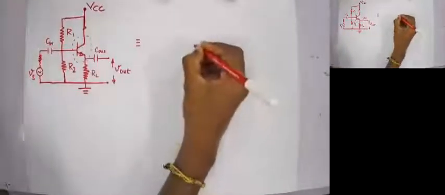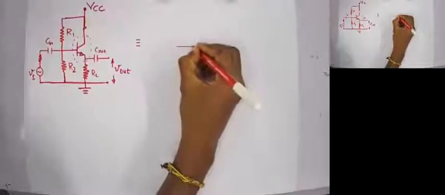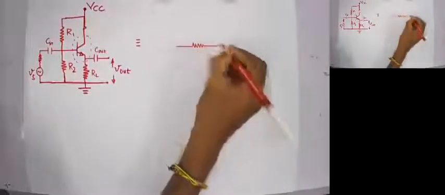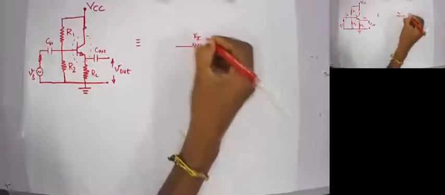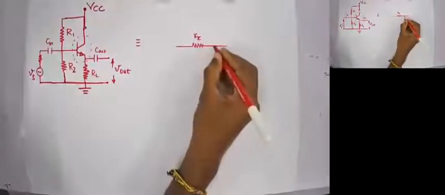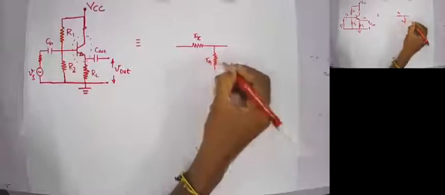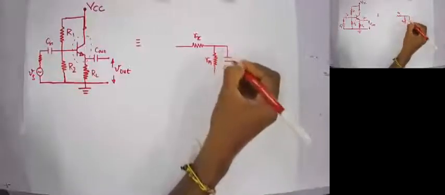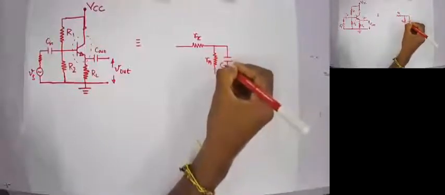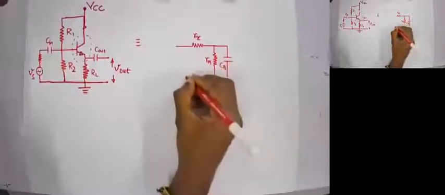Okay, so first of all, this will be your Rx, and then R pi, C pi, right? This one we have seen in our last class.